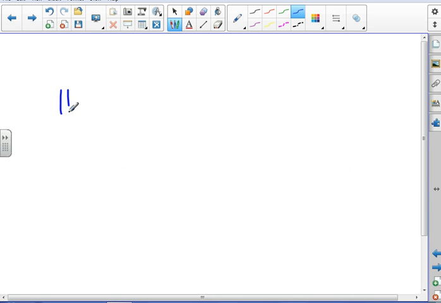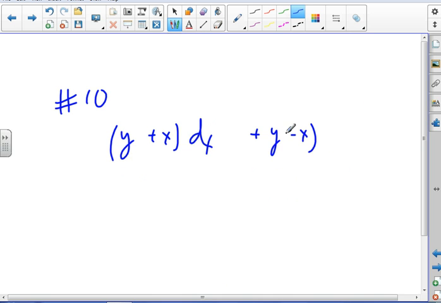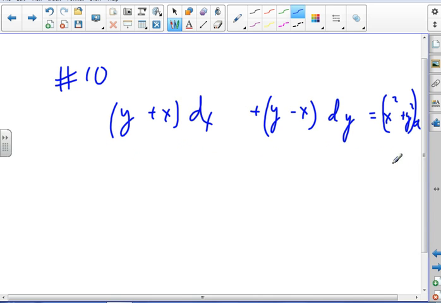Number 10. y plus x dx, y minus x dy, over x squared plus y squared, dx.